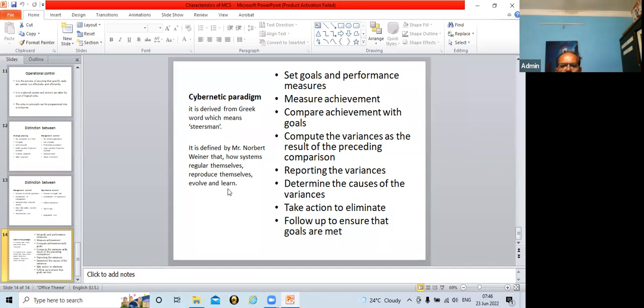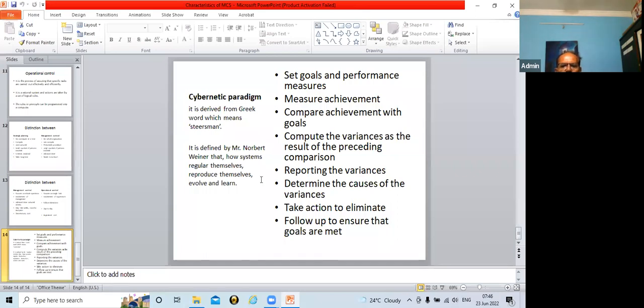Every system has scope for upgradation and improvement. You cannot say that a system is perfect and 100% error free. Errors may happen, but those errors you will have to correct.